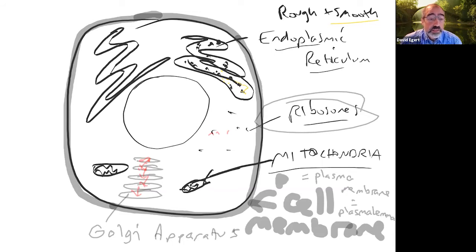In fact, once we are done with this list of organelles, we're going to spend the rest of today getting into more detail about the cell membrane and its properties and different kinds of proteins embedded in the cell membrane and all the different kinds of jobs they do. So the cell membrane is going to be hugely important in our class because it's that boundary between you and the rest of the universe, right?